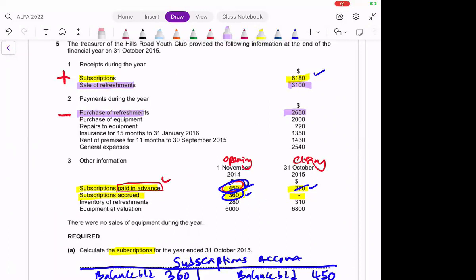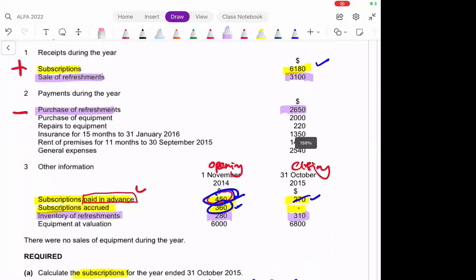No. So can you calculate how much is the profit from refreshment? Opening inventory and closing inventory. That's it. There's no purchases, there's no expenses. Yes. Sales, purchases, opening and closing. That's it. Can you do it yourself? Calculate the profit.